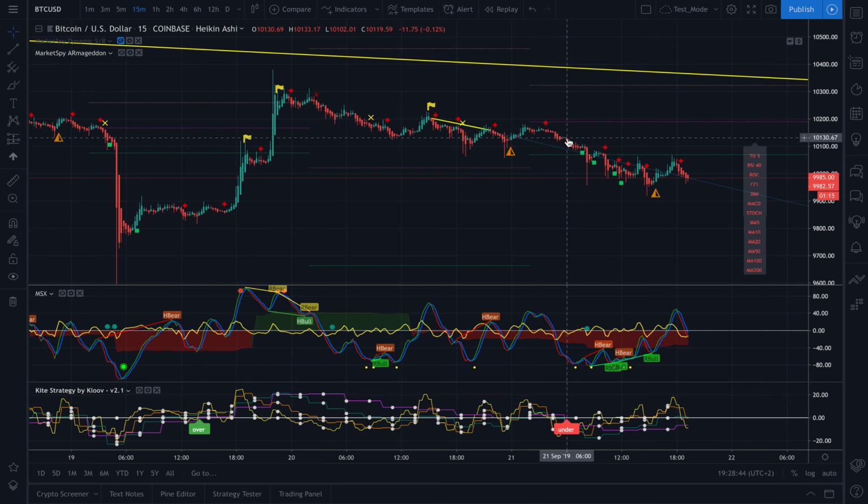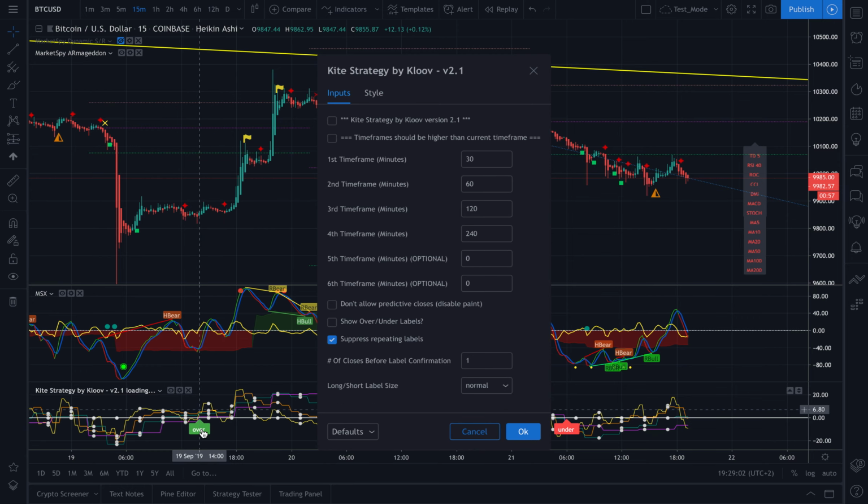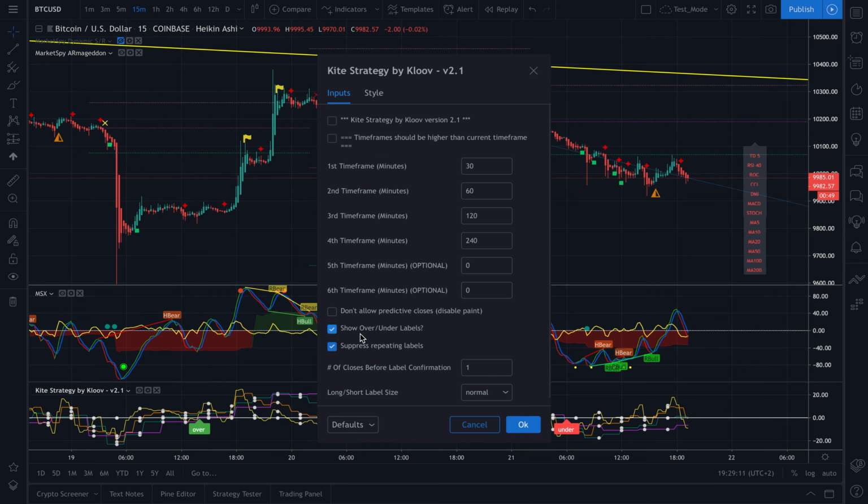This is a difference from 130 to, let's say, 100. No, it's a difference of $90. A $90 move we missed. So this is disabled in my case. Show over and under labels should be clear. This is the visual indication on the chart, which I have on.